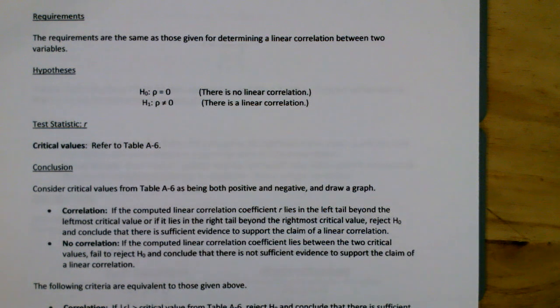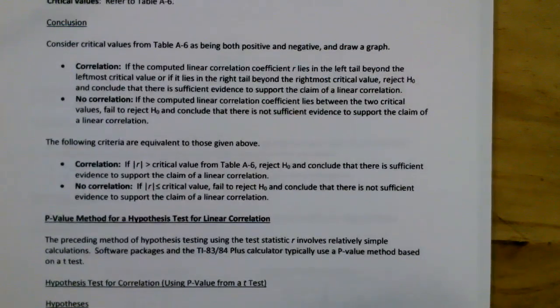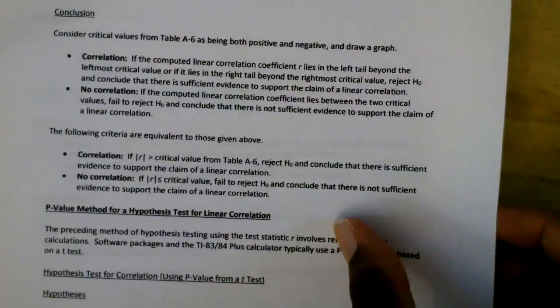Otherwise, fail to reject the null hypothesis. That's also indicated down here. For the p-value method, you compare your p-value with your level of significance. If the p-value is less than your level of significance, you reject the null. Otherwise, fail to reject the null hypothesis.